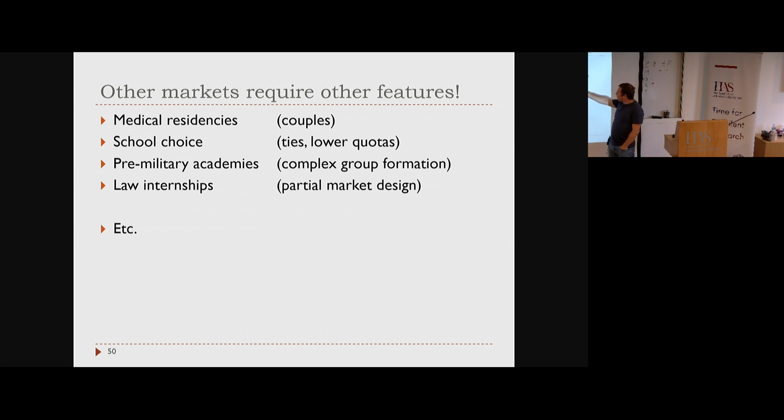School choice, when you do school choice using deferred acceptance, you get a lot of interesting things that you need to deal with. In particular, low quotas are very important because you want to assign students to school, but you don't want to open a school if it doesn't have enough students. So you need to deal with that somehow. And also ties, because students are not being interviewed.